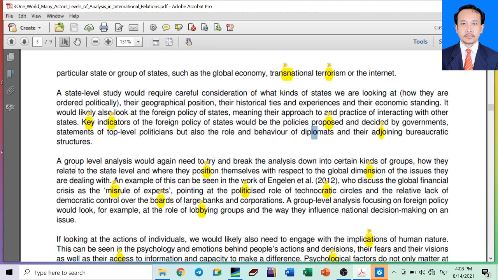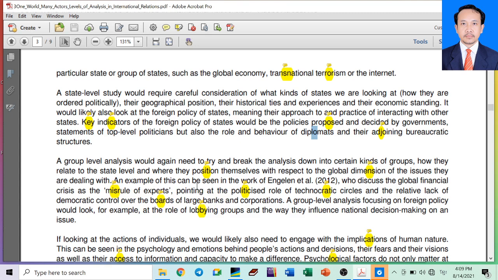A group level analysis would again need to try and break the analysis down into certain kinds of groups, how they relate to the state level, and where they position themselves with respect to the global dimension of the issues they are dealing with.